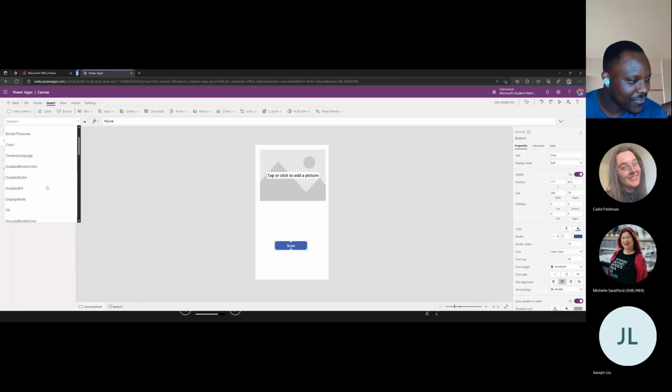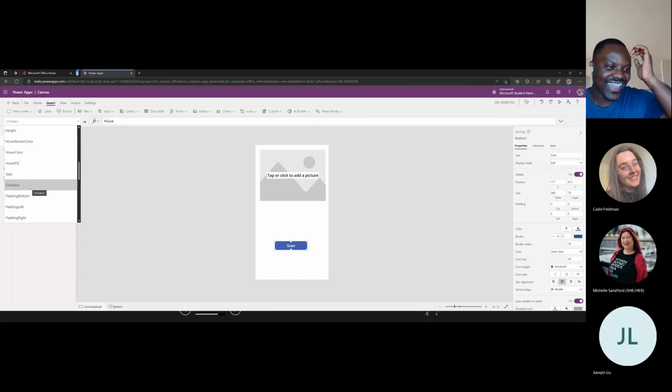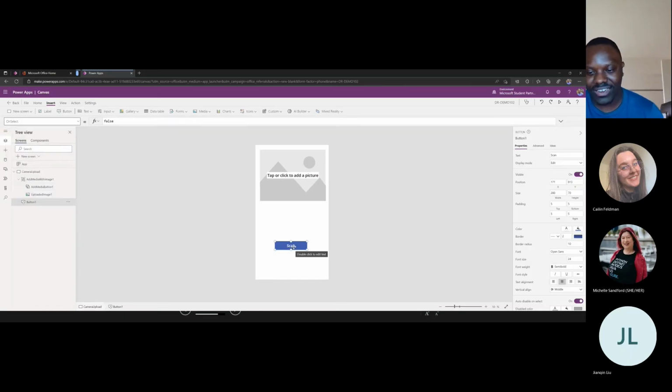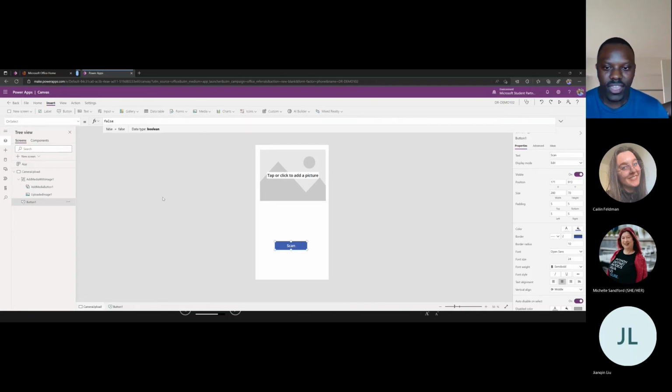And so I'm looking for on select. Yes, I'm on select. On select, what that means is when you press select, what action do you want to happen? So when I press scan, at this point, false, meaning to say nothing's going to happen. But what I wanted to do is actually send this uploaded image to the custom vision service.